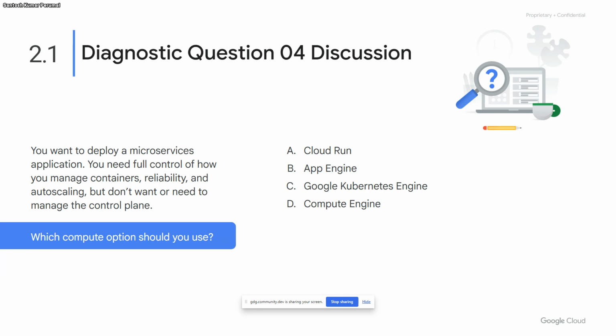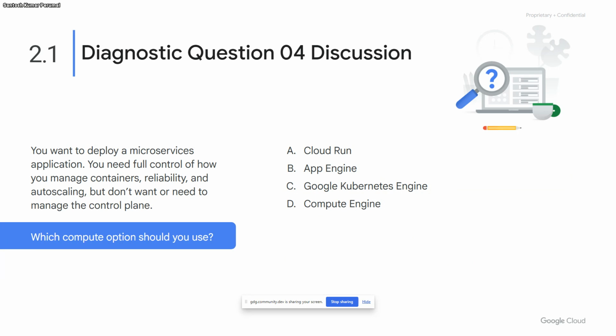You want to deploy a microservice application. You need full control of how you manage containers, reliability and auto scaling, but don't want or need to manage the control plane. What they're saying here about the control plane is, think of it as the master.